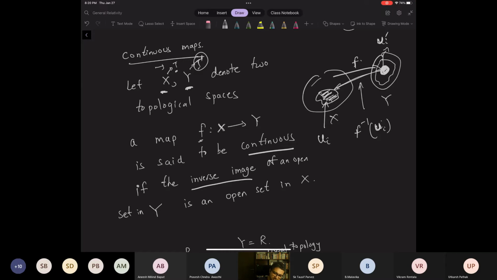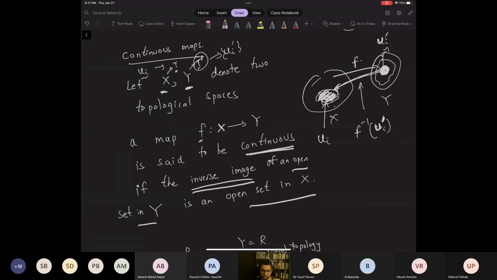So T contains subsets UI of X, T prime contains subsets UI prime of Y. Then if I start with some open set UI prime inside Y, take the inverse image under F, and that gives me an open set in X, then we say that this map is continuous. So if the inverse image of an open set in Y is also an open set in X, then we say that the map is continuous.